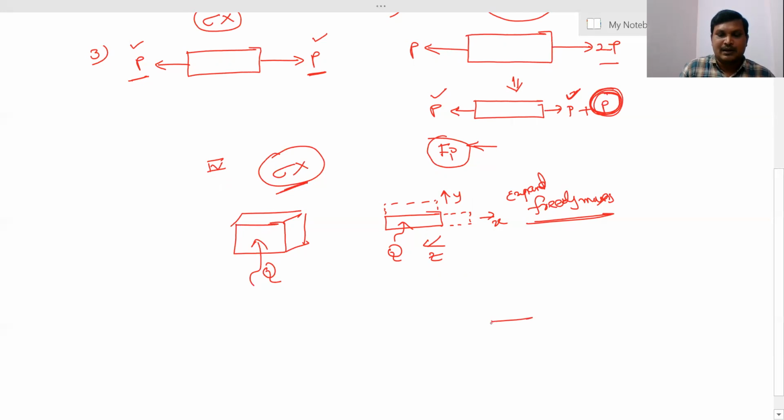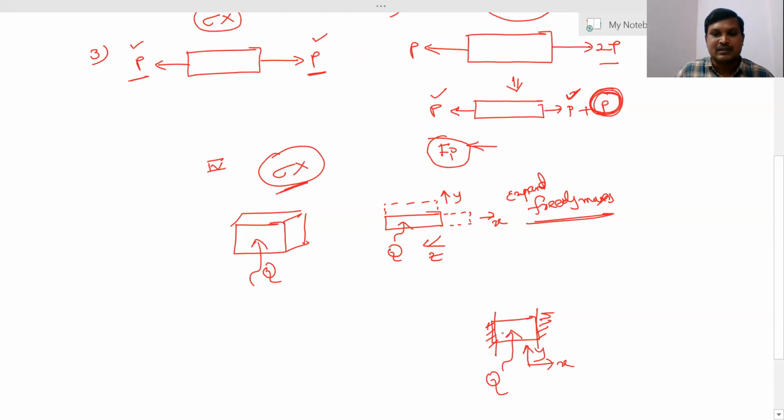For example, I'm taking this body and constraining it on the right side as well as the left side. This is the x direction, this is the y direction. Now I am supplying heat.